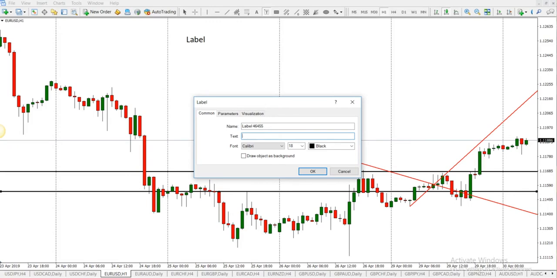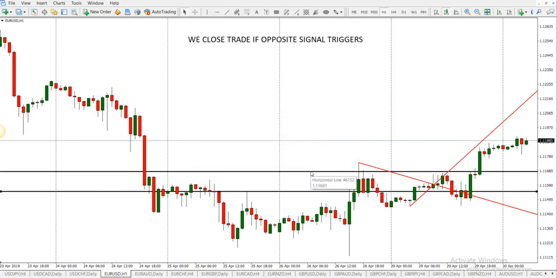We close the trade if the opposite signal triggers. So yesterday, this was the opposite signal line, so this would have been your stop loss. You would have your stop loss in here. So if the opposite signal triggers, we close the trade. Simple. That's the first type of exit.